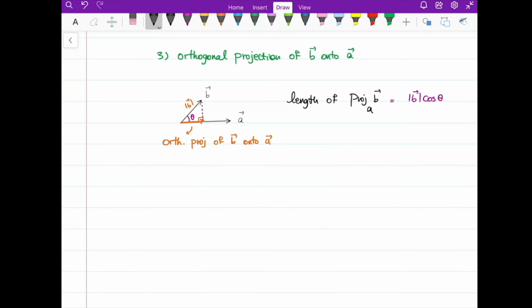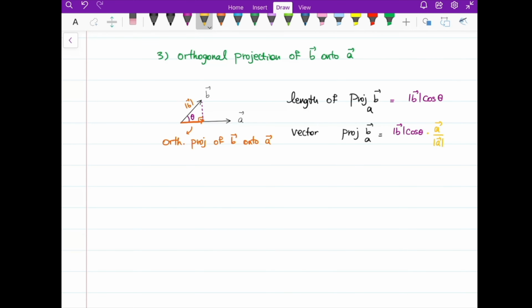And now what is the vector projection of B over A? I know that this is the length, so the length of this vector is this. Now I just need to put this vector in the direction of A, so I'm going to multiply this number, the length of B cosine theta, which is just a scalar, by the direction of A. How do we show the direction of A?